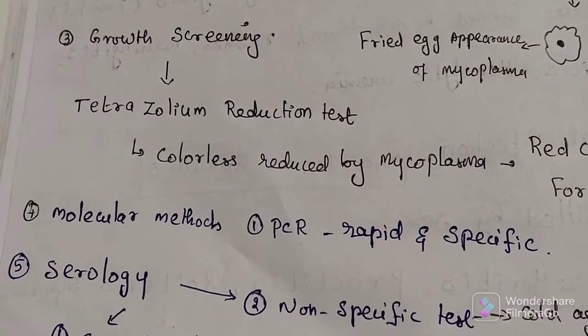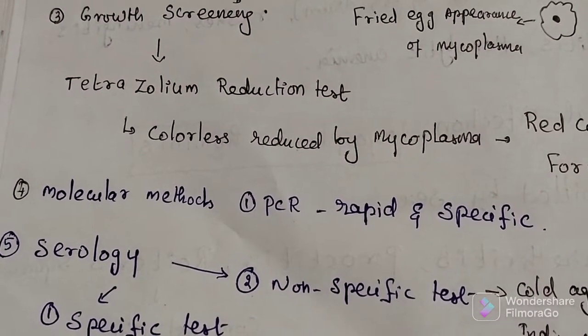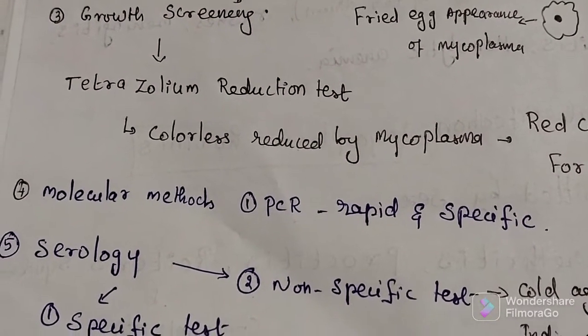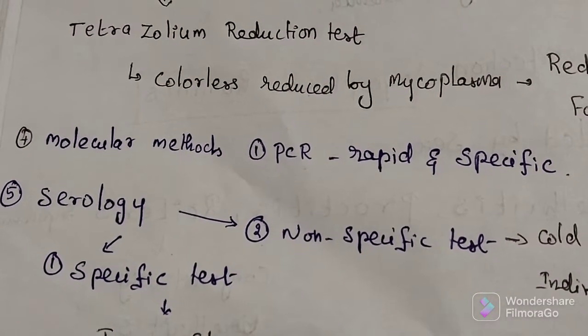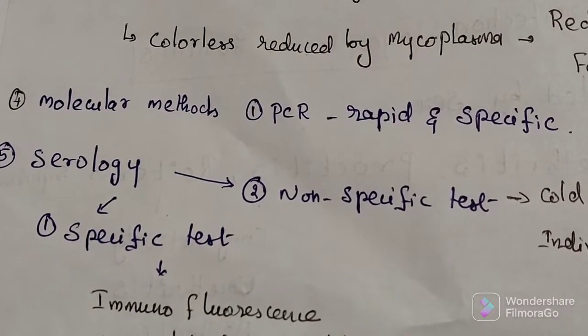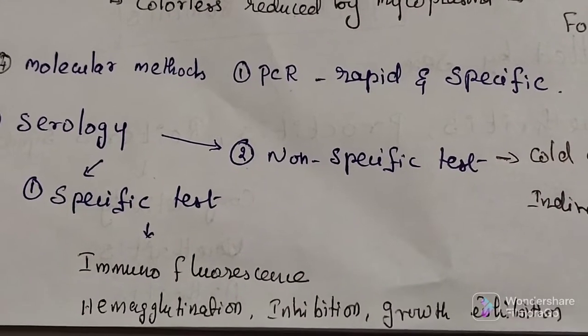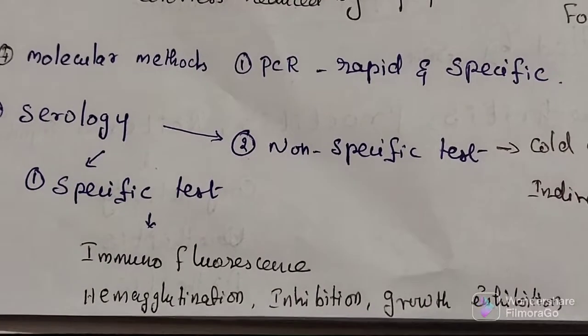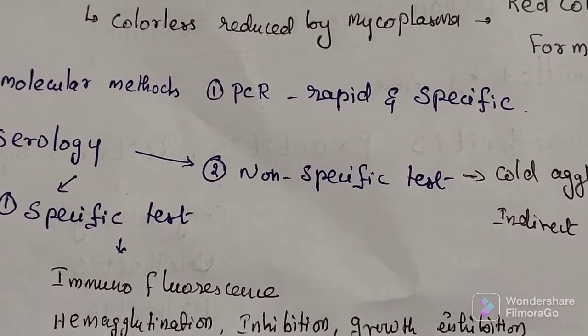The next method is serology. It consists of two sets of tests. The first is specific, the second is non-specific. The specific tests include immunofluorescence, hemagglutination, and growth inhibition test.